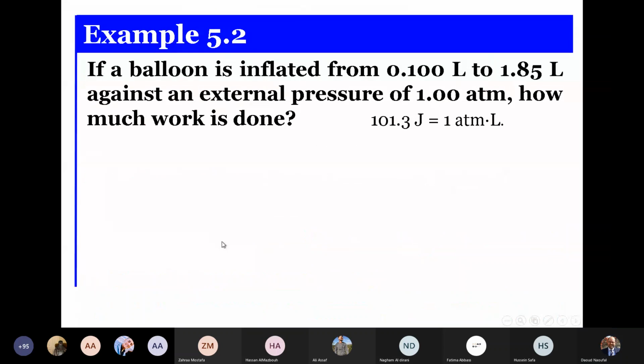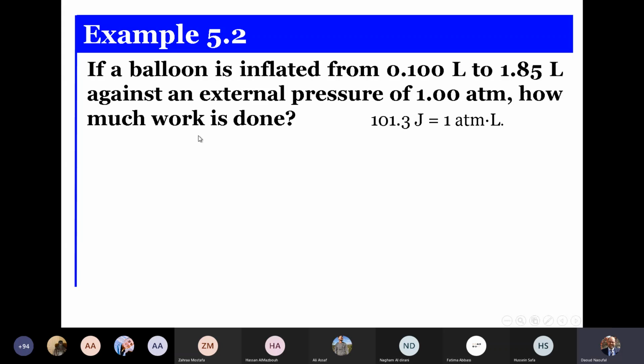Example 5.2. A balloon is inflated from 0.1 liter, this is V initial, to 1.85 liter, this is V final, against an external pressure P equal to 1 atmosphere. Calculate how much work is done.